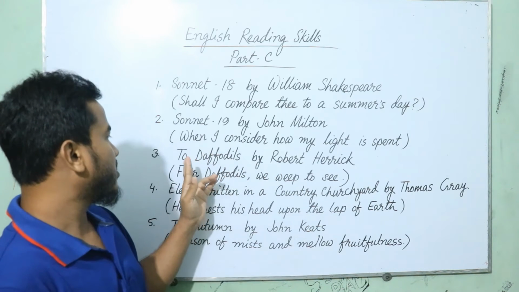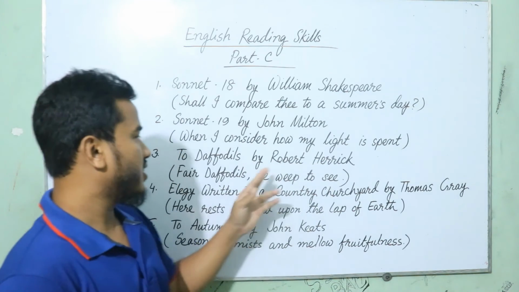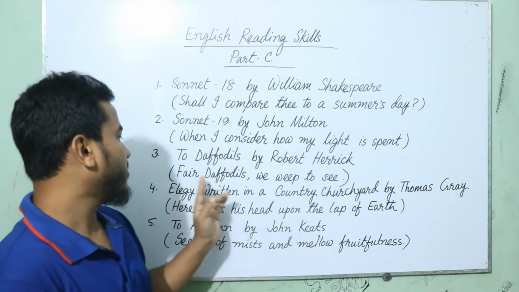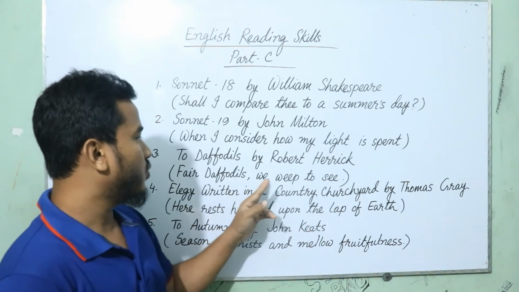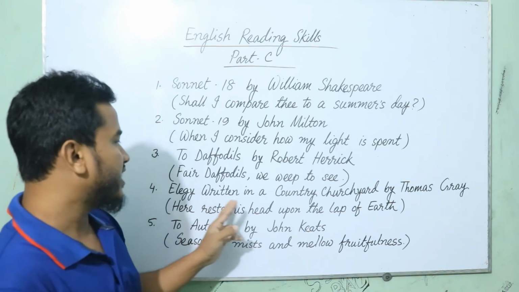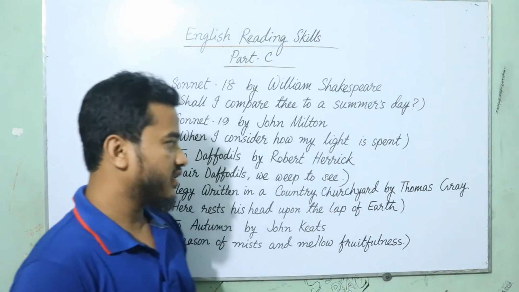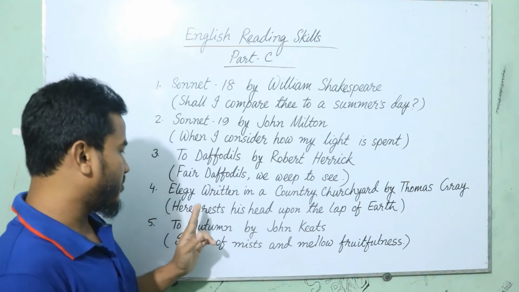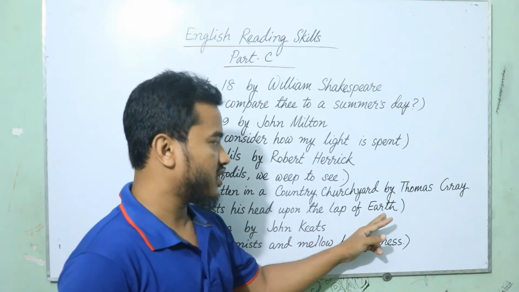Then comes Two Daffodils by Robert Herrick. It's not a sonnet, it's just a poem. The first line is, "Fair daffodils we weep to see." Then comes Elegy Written in a Country Churchyard by Thomas Gray, and the first line is, "Here rests his head upon the lap of earth."